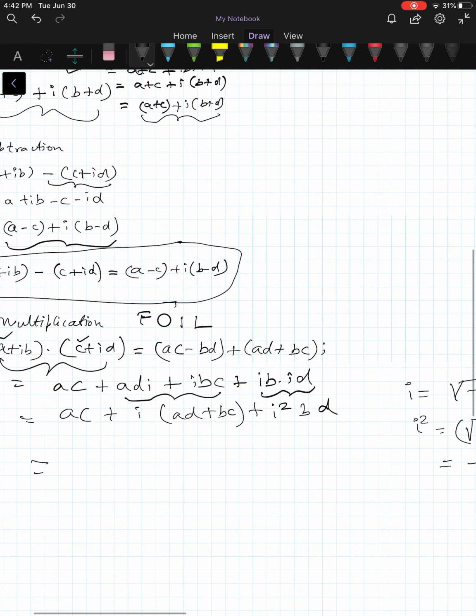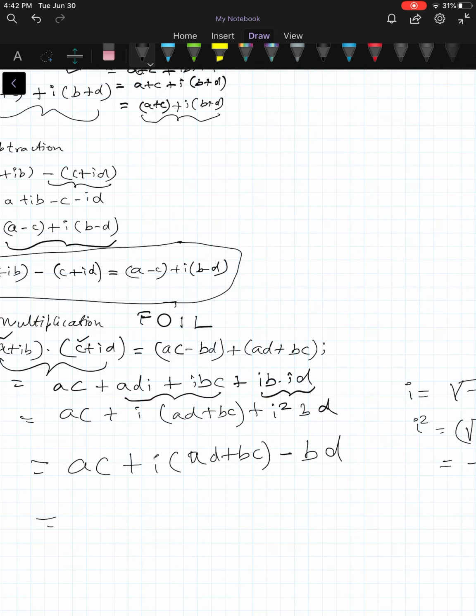So what happens to the terms now? This would be ac plus i times (ad plus bc) minus bd. Now grouping all the numbers, expressing it in the standard form of a complex number, this would reduce to ac minus bd plus i times (ad plus bc).